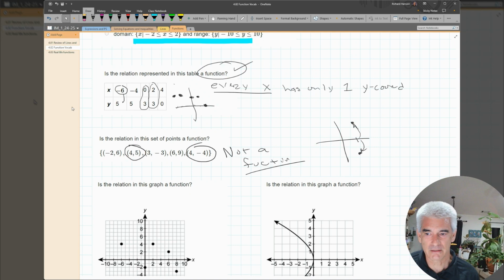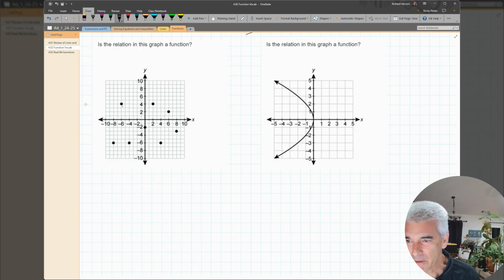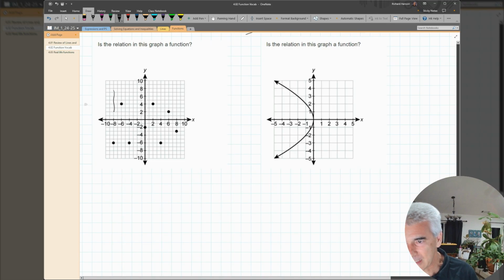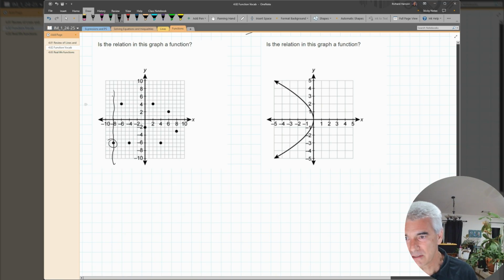Okay, now let's take a look at some graphs. We have this one. Do we have the same behavior anywhere? Let's look and see, are there any points that have the same x coordinate? I'll see, because if I can draw a vertical line here at -8, if this vertical line crosses at two different points, that would be bad if we were looking for a function.